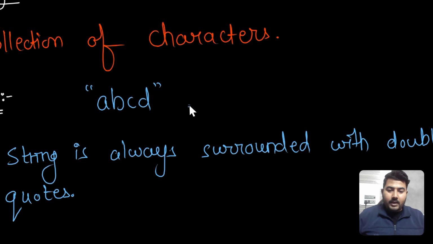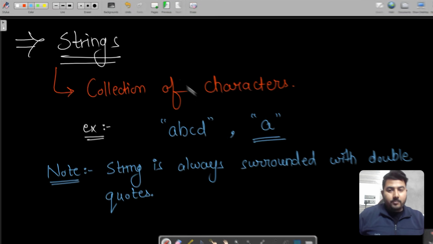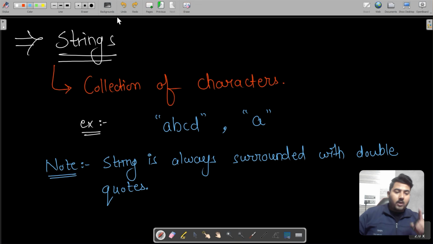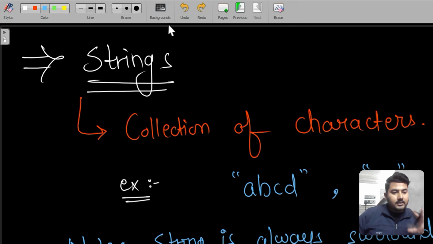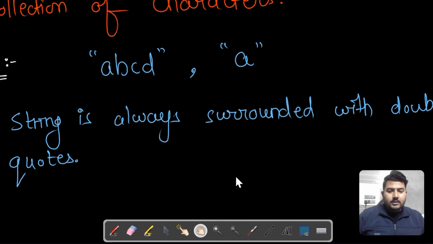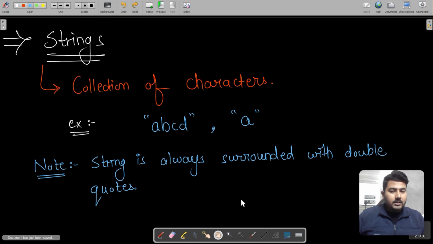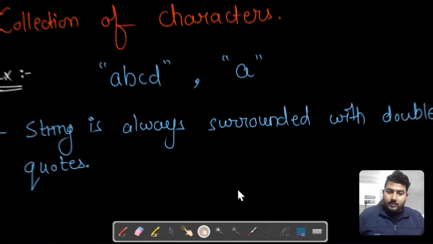That means if I write a small a and surround it with double quotes, it is also a string. It is not a character anymore. A character can only be surrounded with single quotes. If anything is surrounded with double quotes, it will always be considered as a string. Another important thing is that a string does not care what exactly you are storing inside the double quotes.